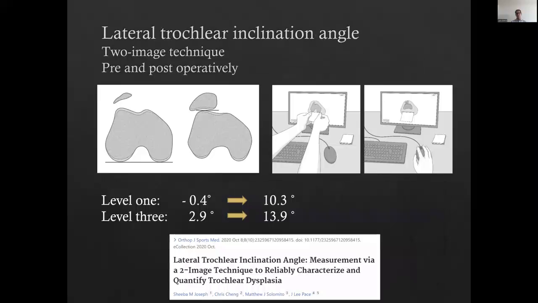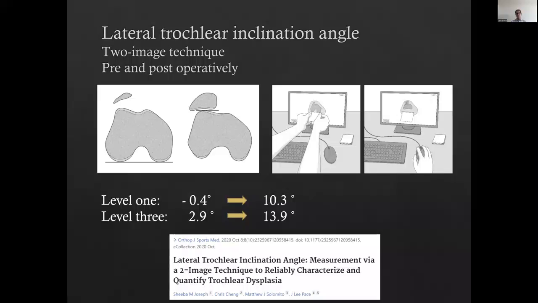And this is a new technique from Joseph. It's a two image technique. Basically, first you find the slice where the femur condyles are most prominent.